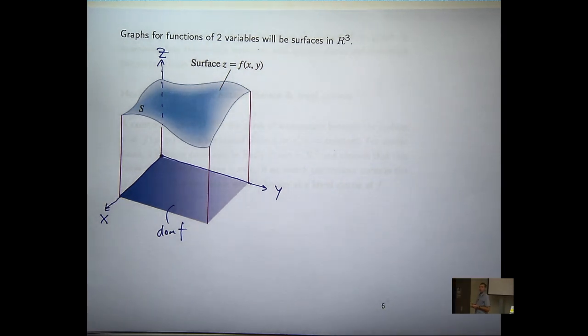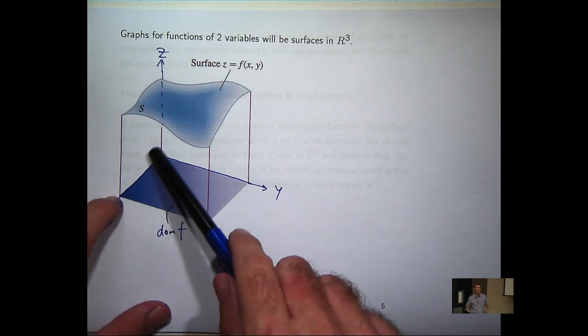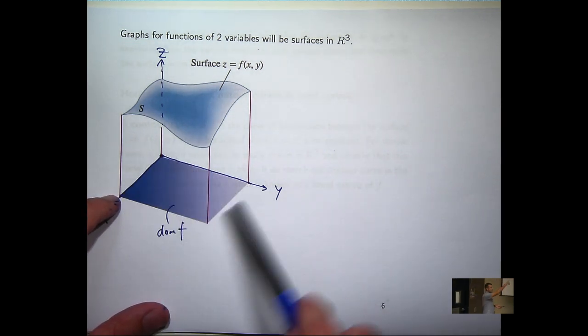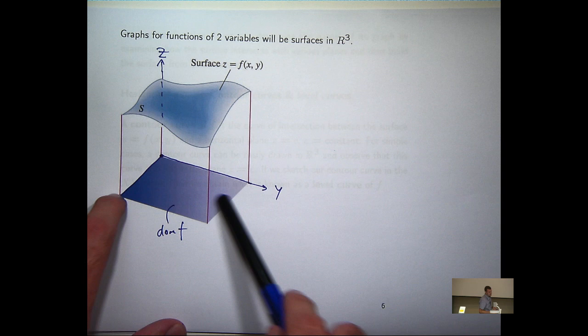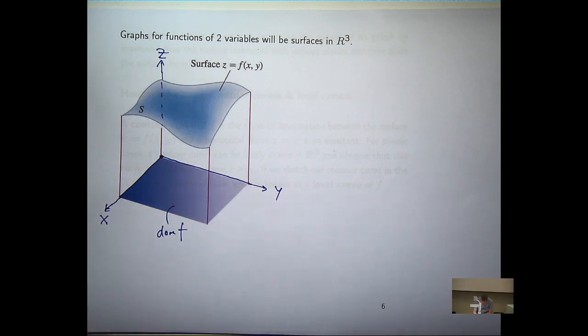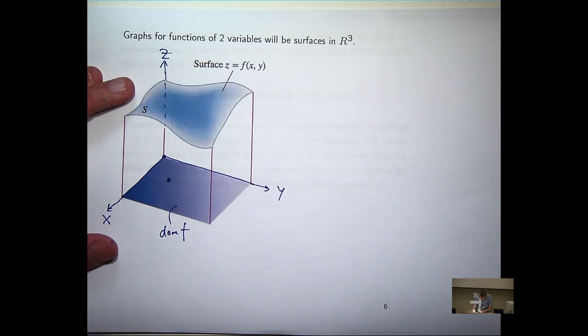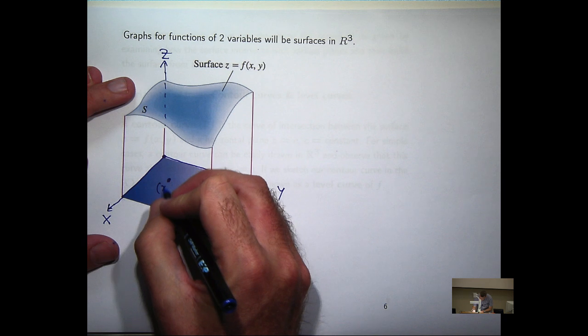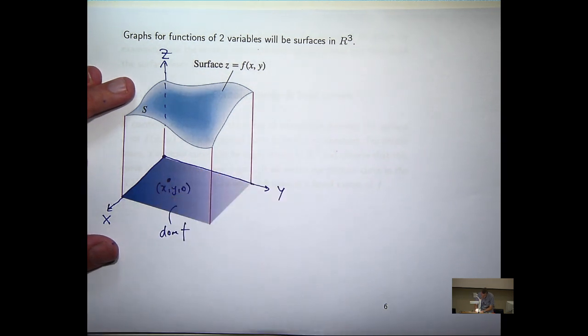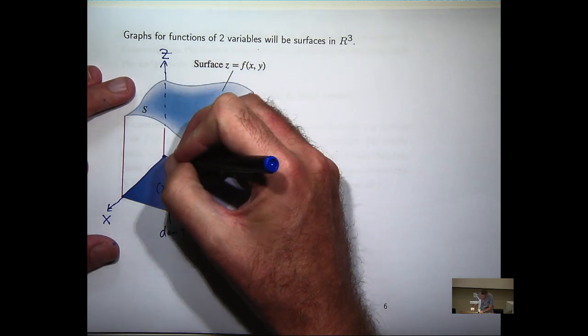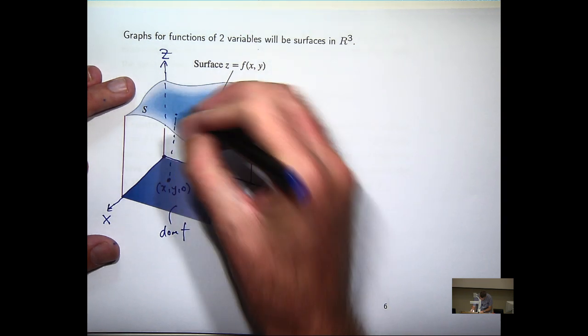In particular, note that the domain is, in general, a two-dimensional set. Okay, it could be a line or something, but in general, it's a two-dimensional set. Now, for each point in the domain, in the xy plane, I'm going to have a corresponding point on this surface.